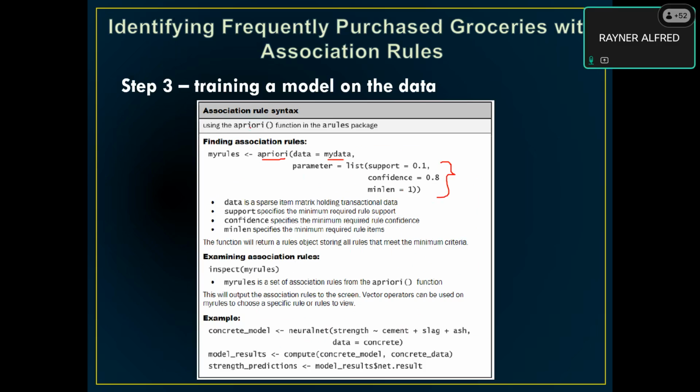All the rules will be extracted and stored in here. We can export this to Excel. Remember that many rules can be generated, so we can order them based on the lift, the confidence, or the support.